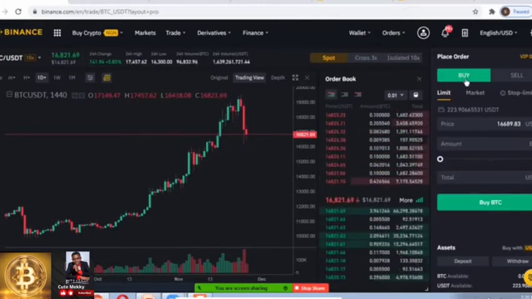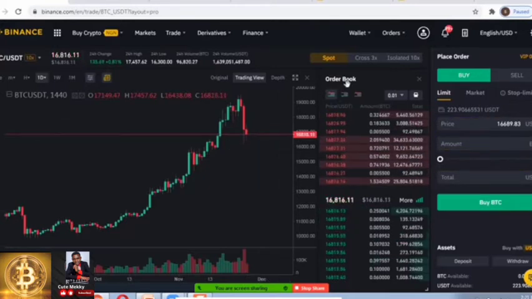If I place this buy, it means I want to buy Bitcoin. If I place on sell, it means I want to sell my Bitcoin to USDT. If I place on buy, it means I want to use my USDT to buy Bitcoin. That's how it works. So this is your order box.